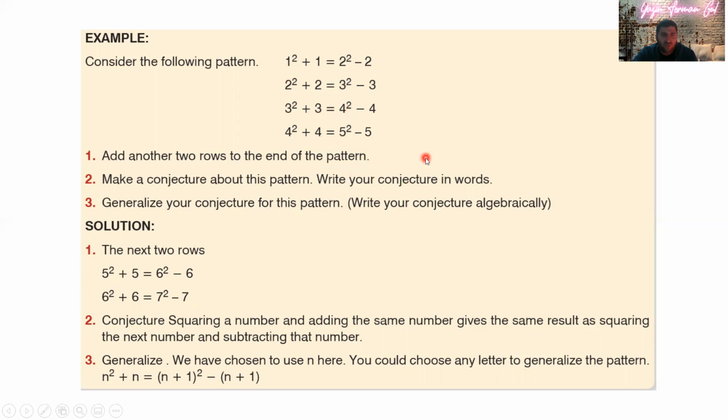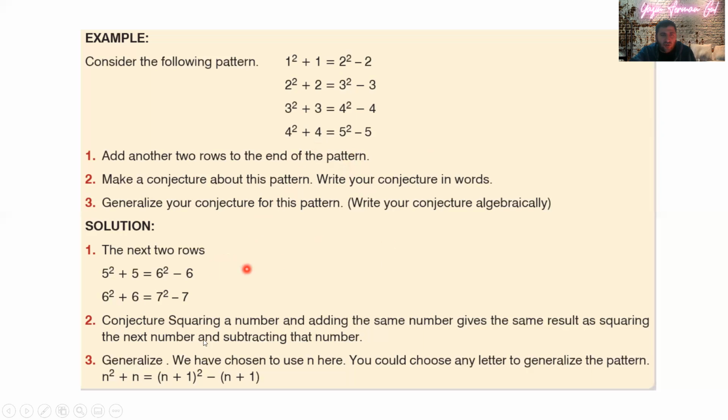So if you do that, 5 to the power of 2 is 25, plus 5 is 30. That equals 6 to the power of 2, which is 36, minus 6 is 30. The next one will be, obviously, 6 to the power of 2 plus 6 equals 7 to the power of 2 minus 7. And it continues like that.